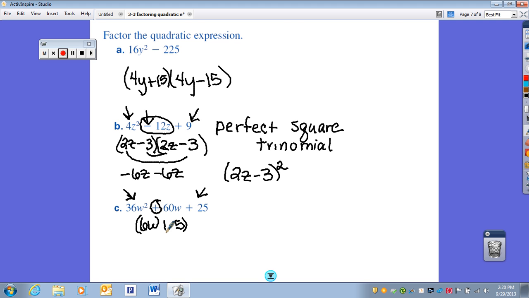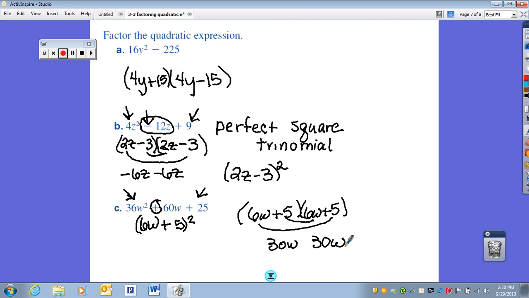It is positive, and that factor will be squared. Now if you wanted to check, you could simply write it out twice, and again checking only the inside and the outside terms. So we have 6w times 5 and 6w times 5, and that would be 30w and 30w. And if we combine those like terms, we get 60w.